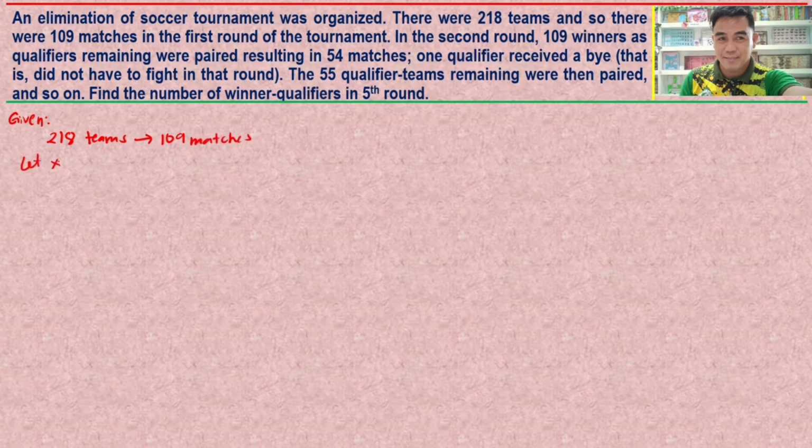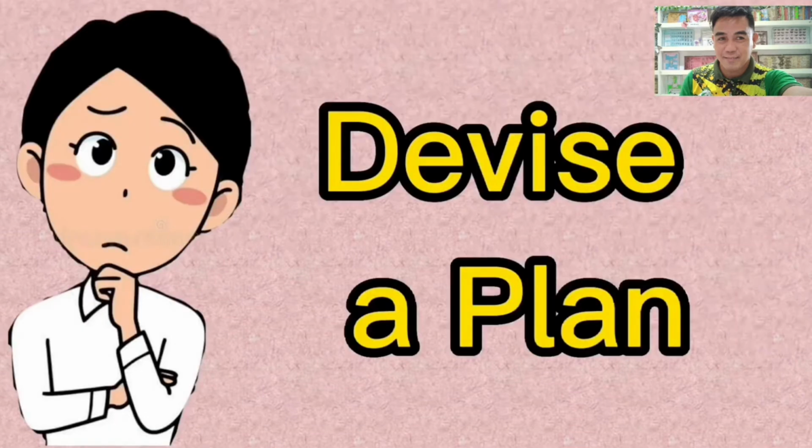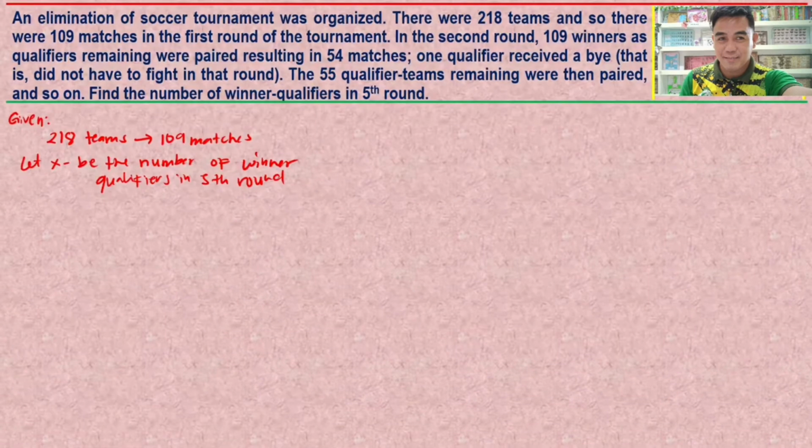So let X be the number of winner qualifiers in the fifth round. Devise a plan. In this problem, the best strategy to be applied is making a table which will show us the number of rounds, matches, and winners.